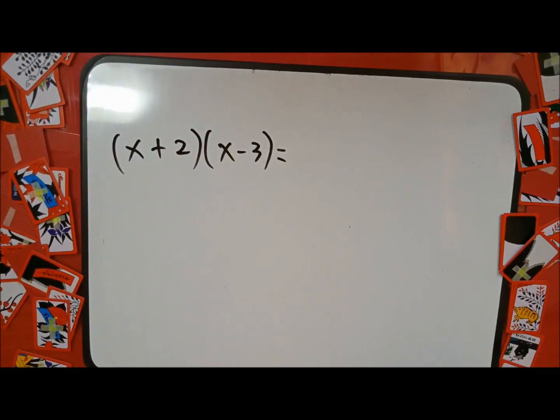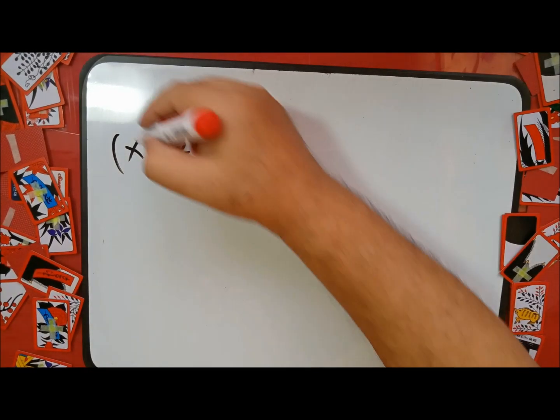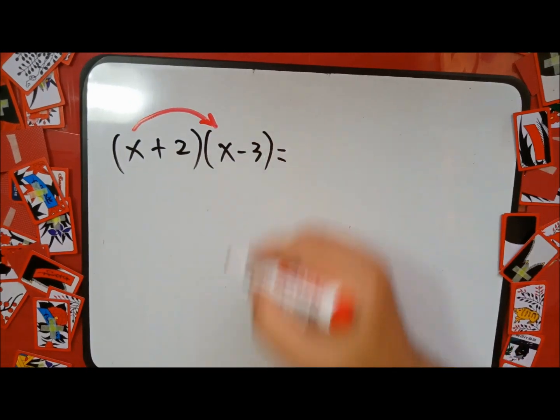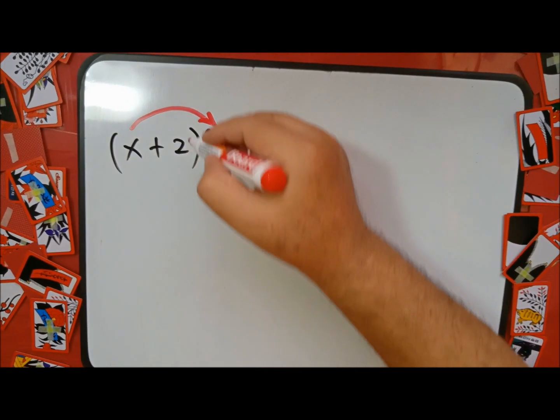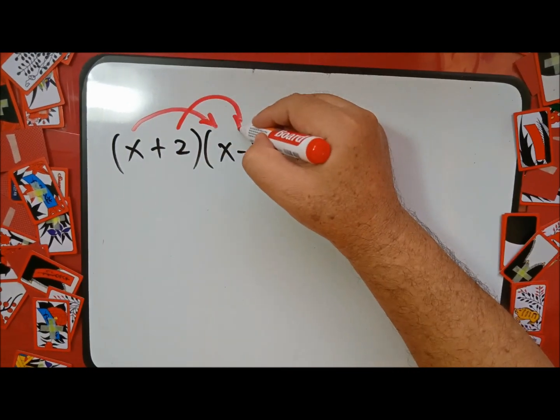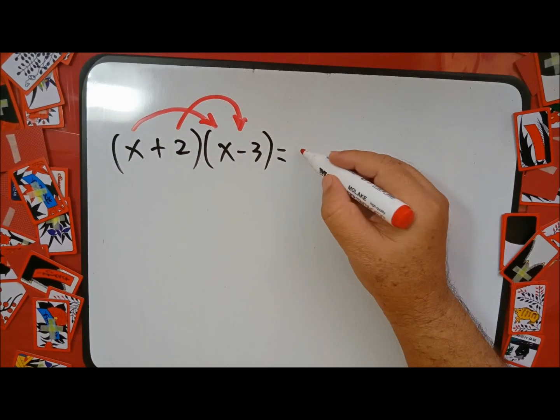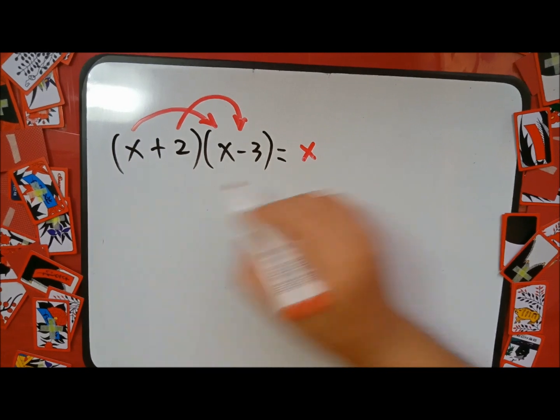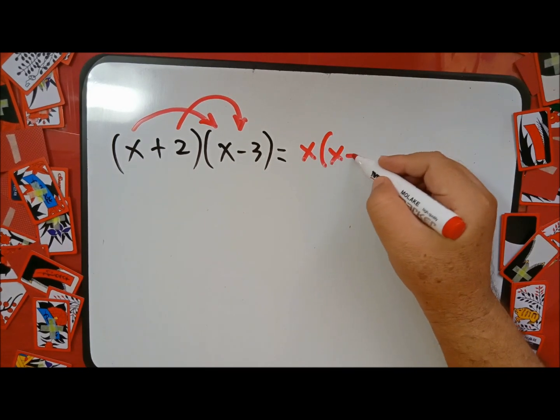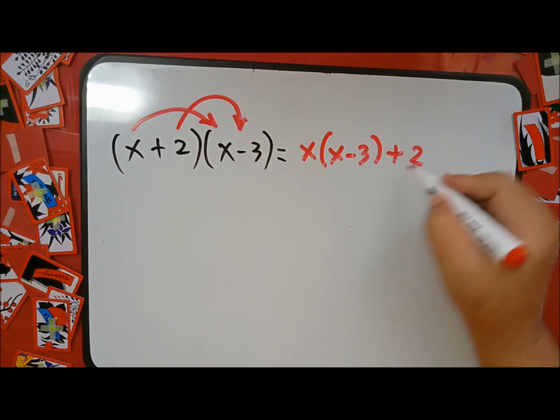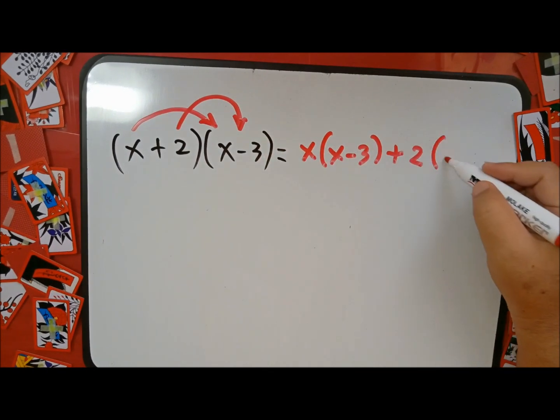First, okay, let's take the red pentel pen. Multiply this to the whole expression. Then the second term, multiply this to the whole expression. So this will become x first, then to the whole expression, plus 2 to the whole expression.